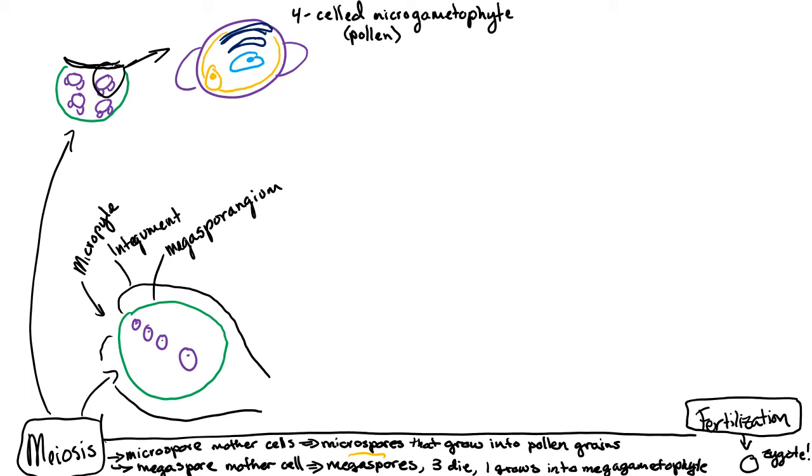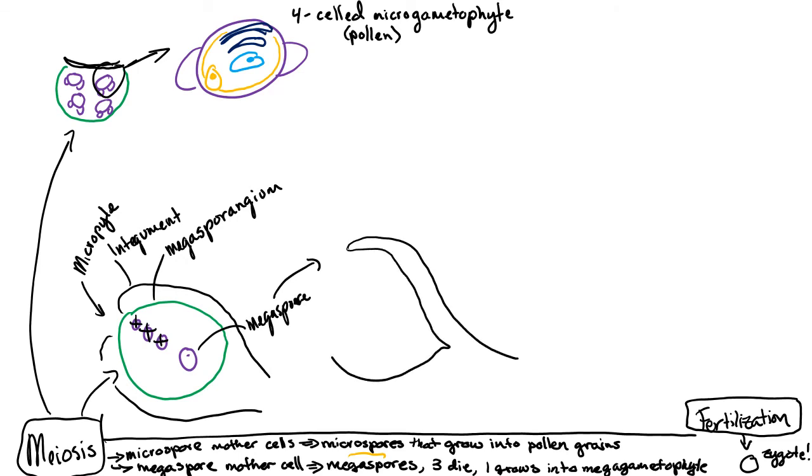So of these megaspores, 3 of them die. And only one is going to grow into the gametophyte. So this all happens in those megastrobili, and that's happening on the sporophyte, right? Because the megaspores are retained.